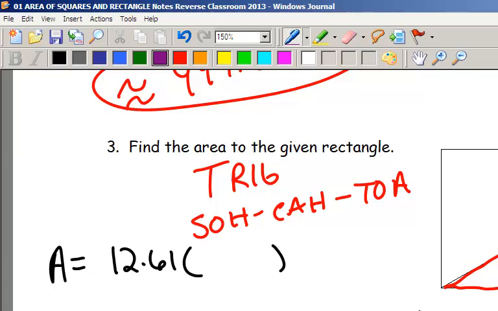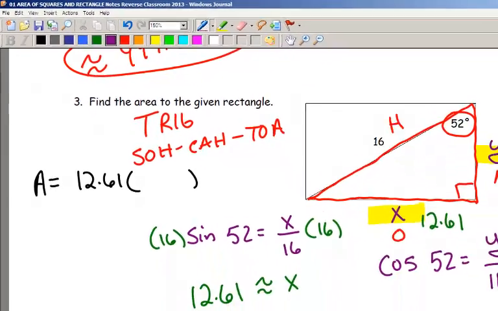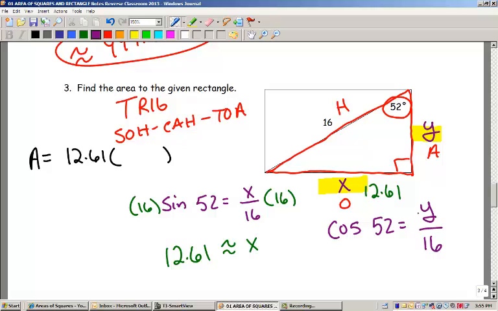Now, I need to find my adjacent. Again, I'm going to use my hypotenuse. So the A and the H is the cosine. So I have cosine of 52, and that's going to be equal to the adjacent side over your hypotenuse. So I have cosine of 52 is y over 16. Again, when the variable is on the top, we just multiply both sides by 16.